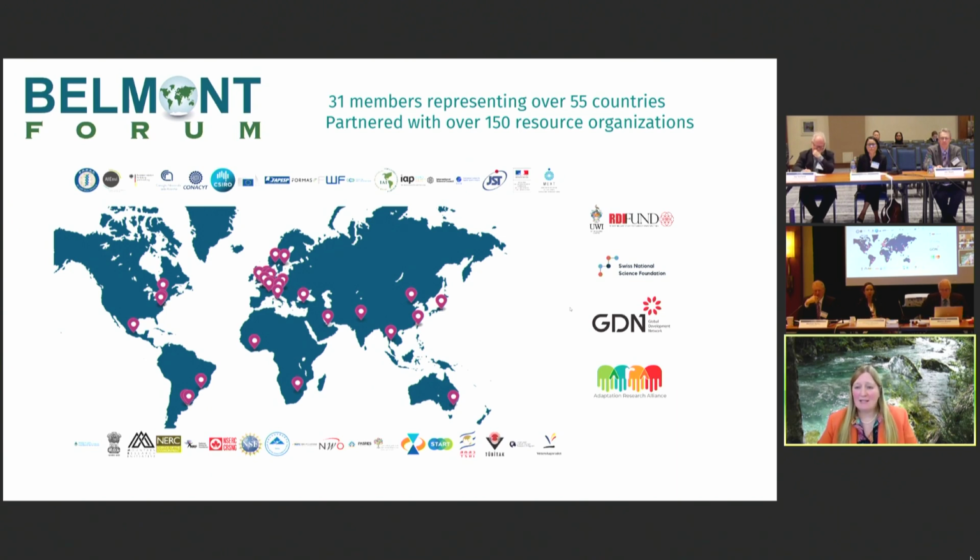We work extensively throughout the globe. We've partnered with over 150 resource organizations over the past 10 years to focus on mobilizing international resources to address acute issues in global environmental change challenges.